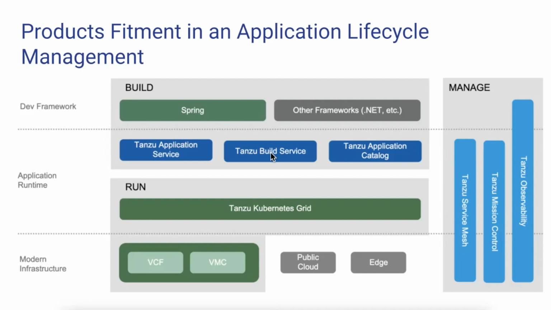Tanzu Build Service is one of the products which helps to take the entire source code from the Git repo or the local file system and create the OCI compliant container image for you. It uses a technology called Cloud Native Buildpacks, and it can be deployed on any CNCF conformant Kubernetes cluster, and then it can help you to accelerate your build of the application.